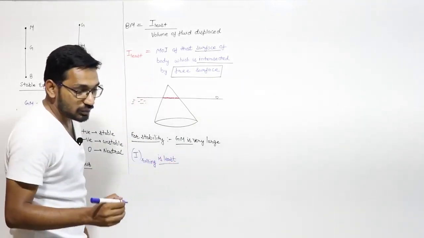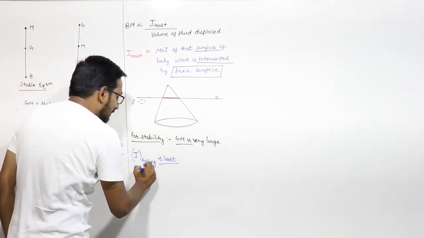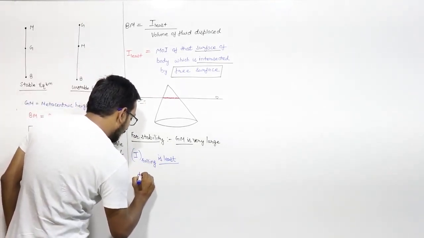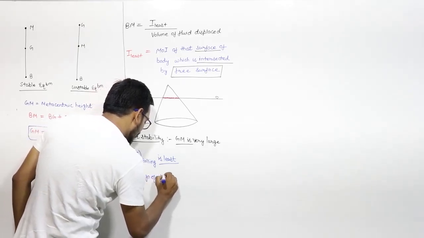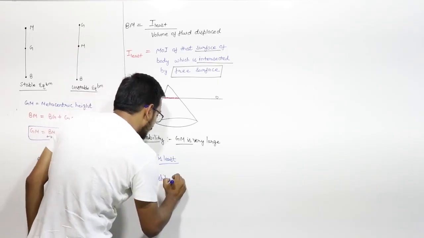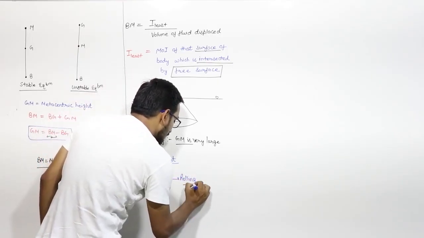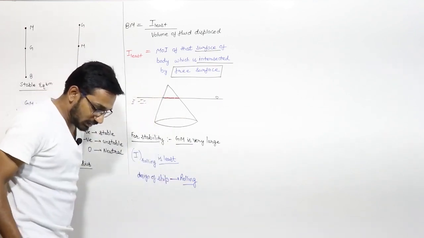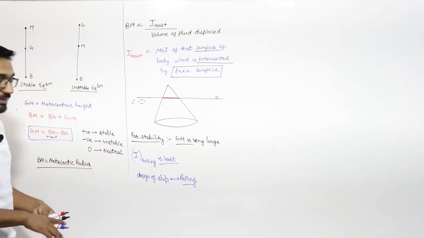So if you want to design the ship, we will design based on rolling. So the design of the ship, whether the ship will be stable or unstable, will be based on rolling motion, because the rolling moment of inertia is less than the pitching moment of inertia.